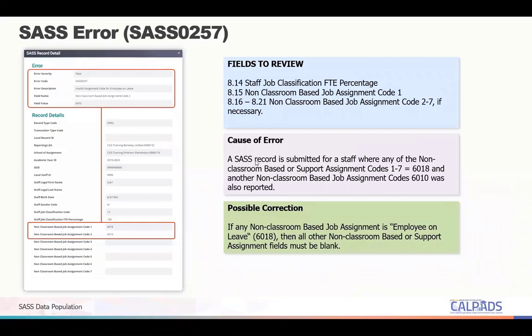Okay, so again, a SASS record is submitted for a staff where any of the non-classroom based or support assignment codes, meaning 1 to 7, has a 6018 and then another code was added in. So in this case, if the staff member is really on leave, you only report the 6018 and leave all other fields blank. Now, if the staff member is not on leave, then take out 6018 and report the appropriate non-classroom based or support assignment code.